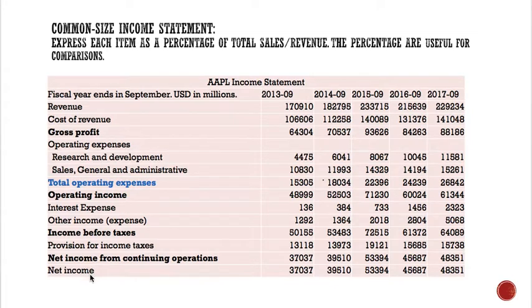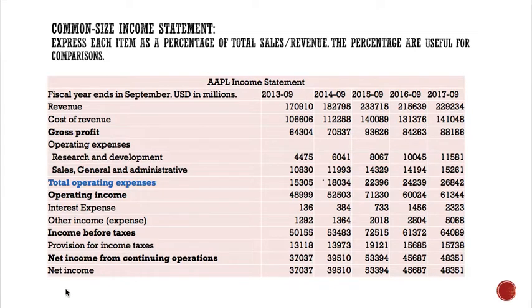Net income is the total revenue minus the cost of revenue and the operating expenses and the interest expenses and other income and expenses and the tax.